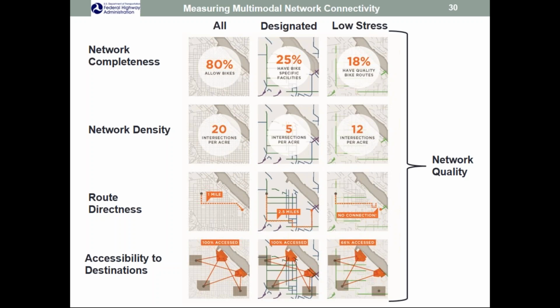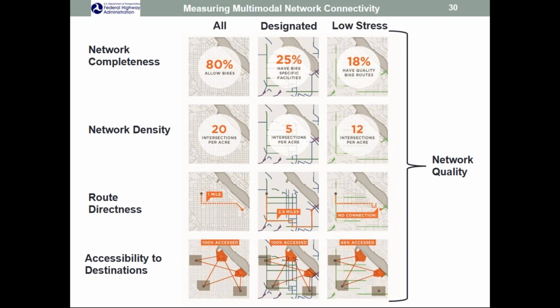So, for example, in this graphic, for a network completeness analysis, if you defined your base network as just any facility that, in this case, bicyclists could use, so just every street that bicyclists are allowed on, and you set your bar at that scale in terms of the quality and type of the network, it would look like you had an 80% completeness ratio in this imaginary hypothetical place.